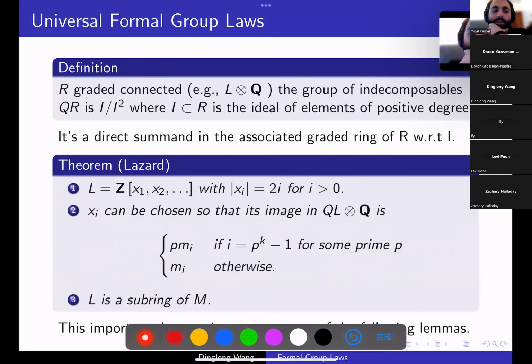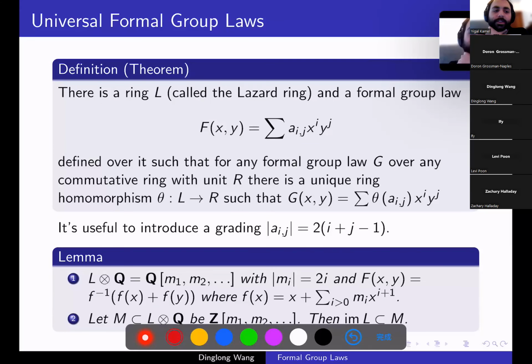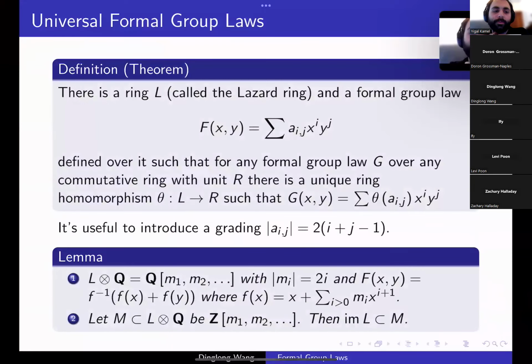Okay. There's a question in the chat, just in case you can't see. Matthew's asking when non-commutative formal group laws come up. I don't think I would talk about non-commutative formal group laws, because from all the notes I've seen, they use formal group law to denote a one-dimensional commutative formal group law.